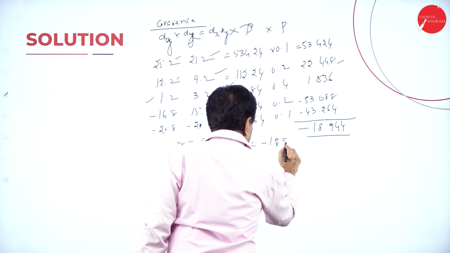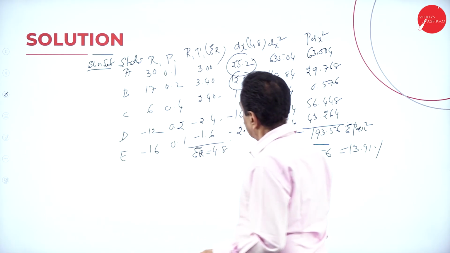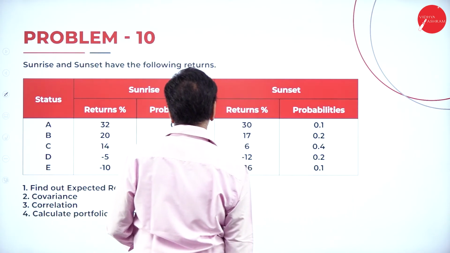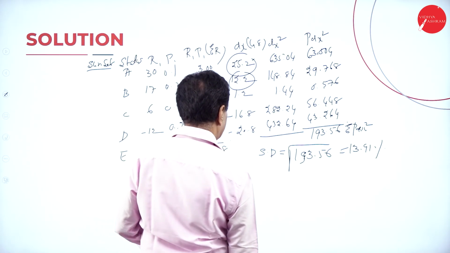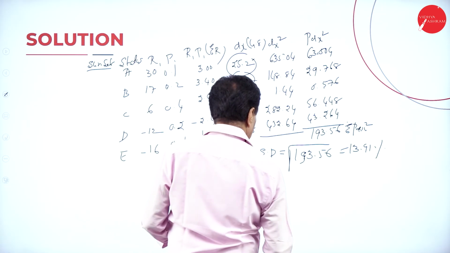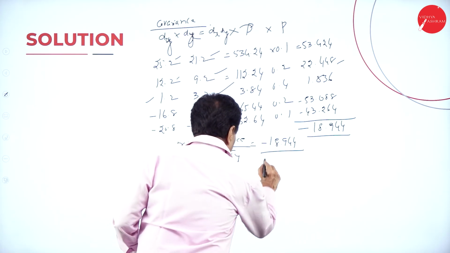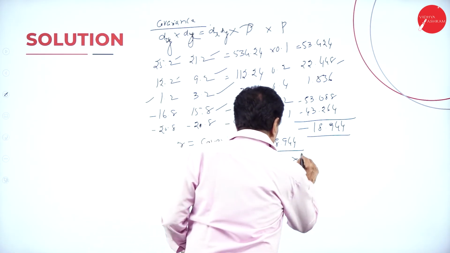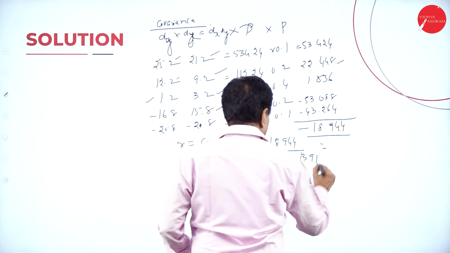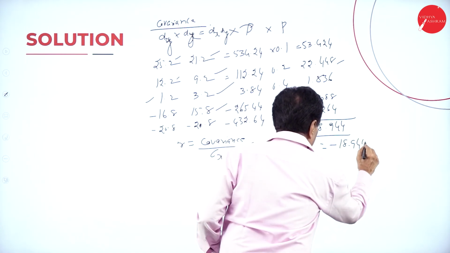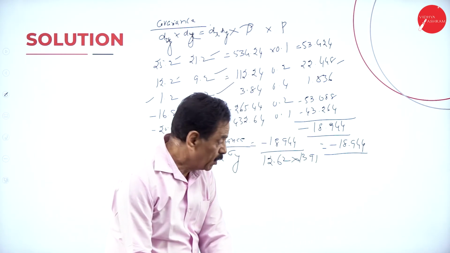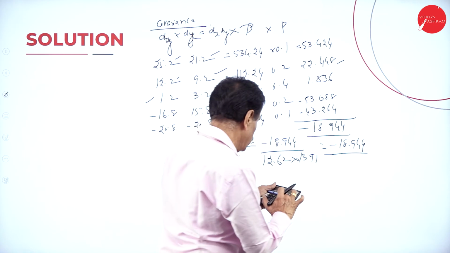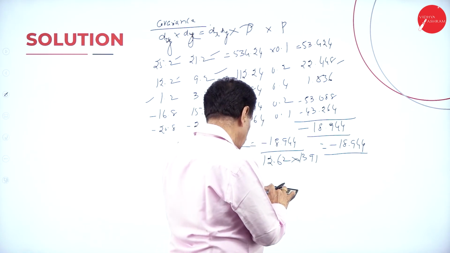Minus 18.944 divided by 12.62 into 13.91.